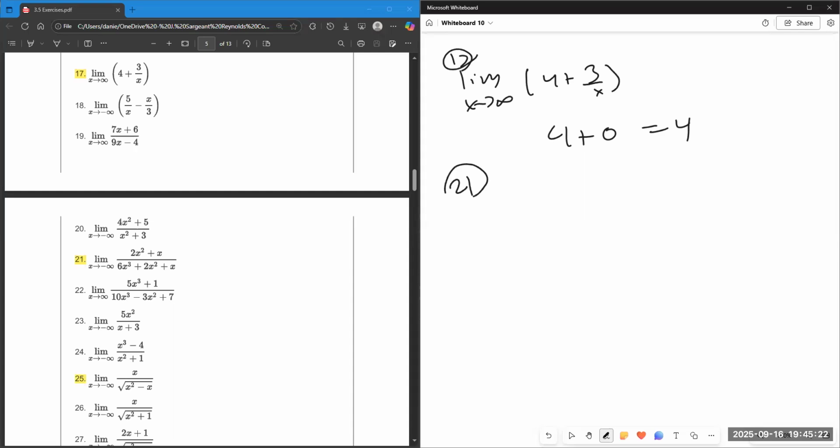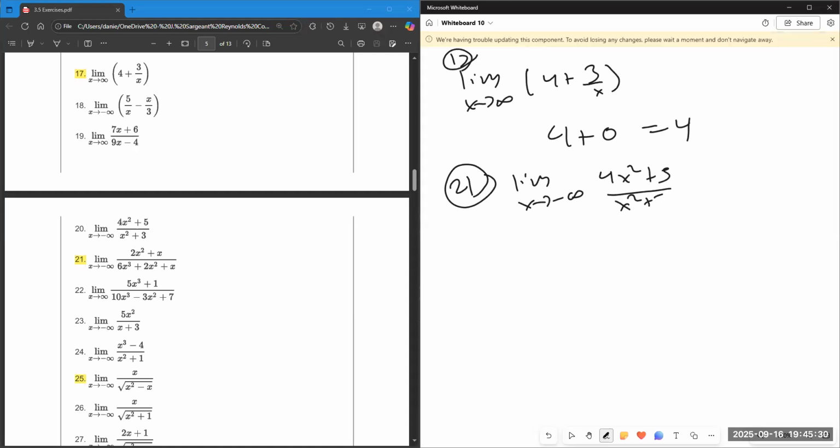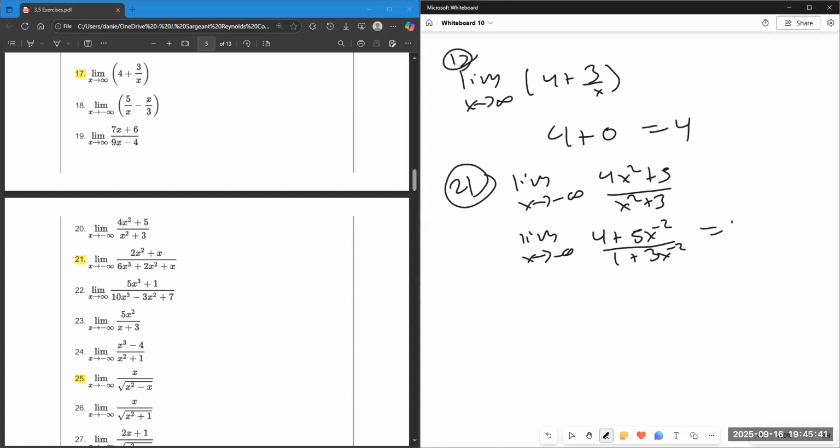Number 21, limit as x goes to negative infinity of 4x squared plus 5 over x squared plus 3 is the limit as x goes to negative infinity of 4 plus 5x to the negative second over 1 plus 3x to the negative second, which is 4 plus 0 over 1 plus 0. 4 over 1 is 4.